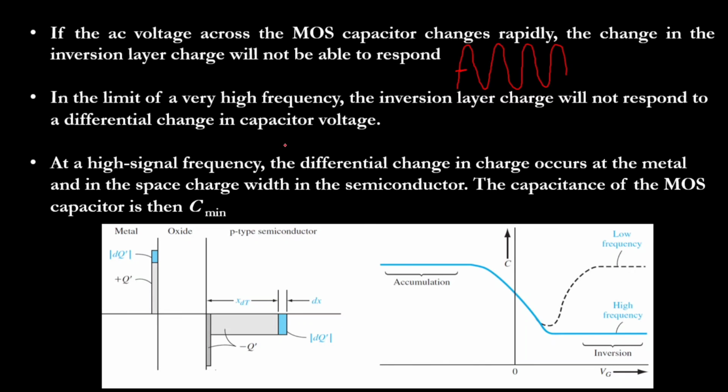That high positive voltage is not going to affect the inversion of the material, but it will affect further growing of the depletion region. Okay, this is the effect of a high frequency signal at the gate terminal.